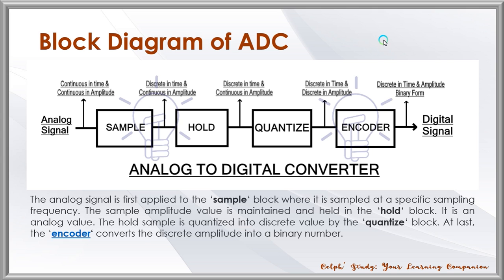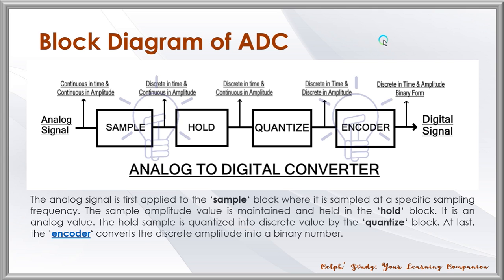We notice that they are represented by a sine wave, for example, continuous in time and continuous in amplitude, completely changing. So here, we take a sample in the sample block.